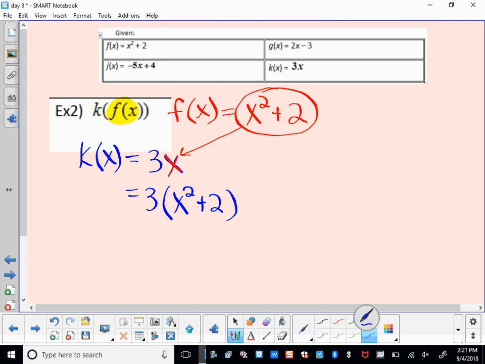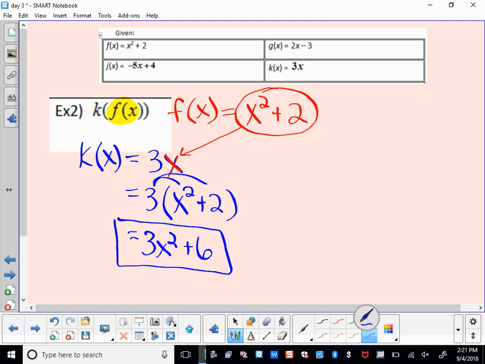So always make sure when you plug in, you use parentheses. Alright, let's distribute. 3 times x squared, 3 times 2. That's my answer.